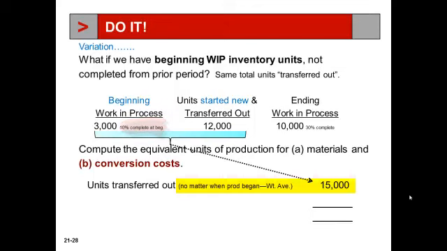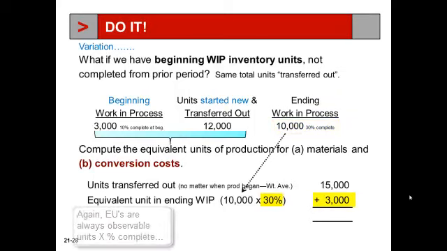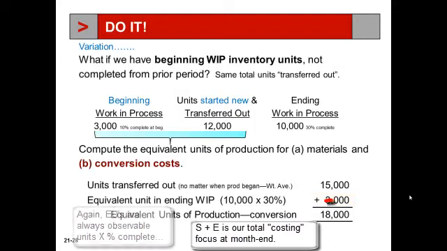We know that we completed the full amount that had been started last month in the current month, plus we completed the full 12,000 units that were started new in the current month, total 15,000. Any work in process, the same 10,000 that we observe, but only 30% complete at month end, gives us the 3,000 equivalent unit calculation. That adds up to 18,000 equivalent units of production for conversion.